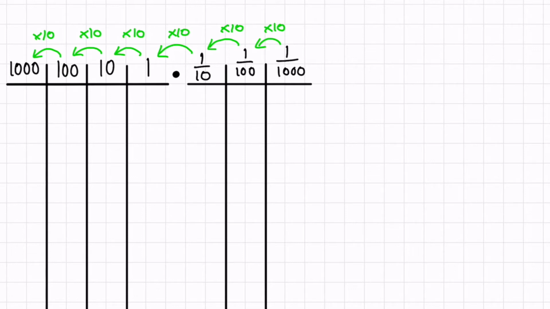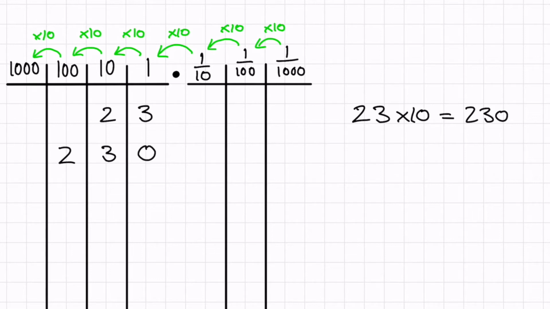Well, let's look at 23 multiplied by 10. We do know that 23 multiplied by 10 is 230. I'm going to write down 23 and let's write down what we know the answer is, 230.